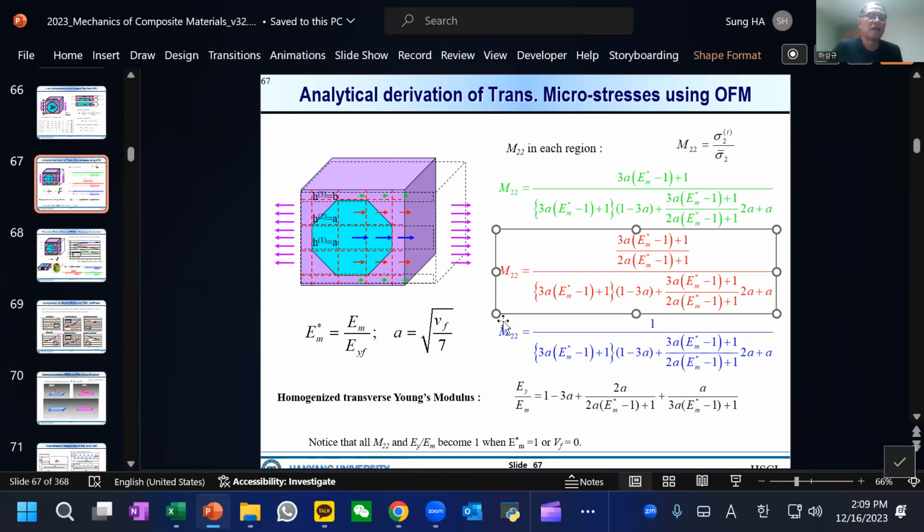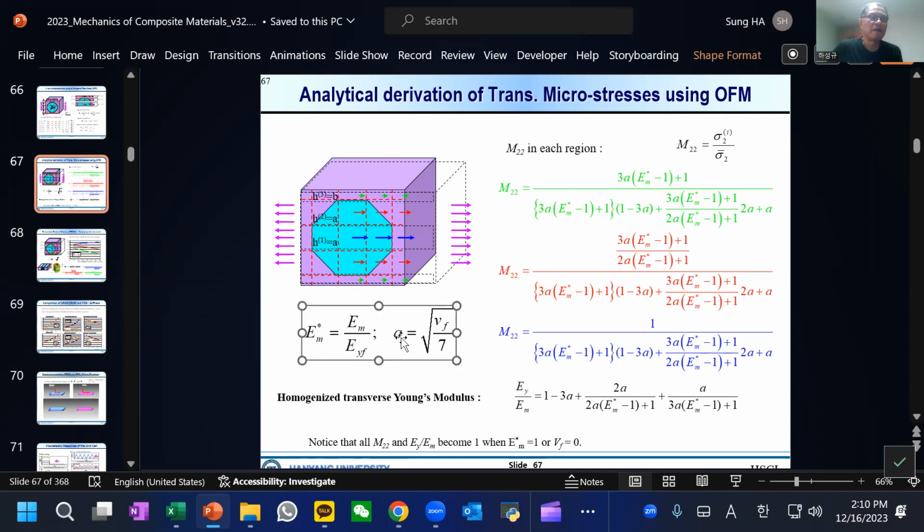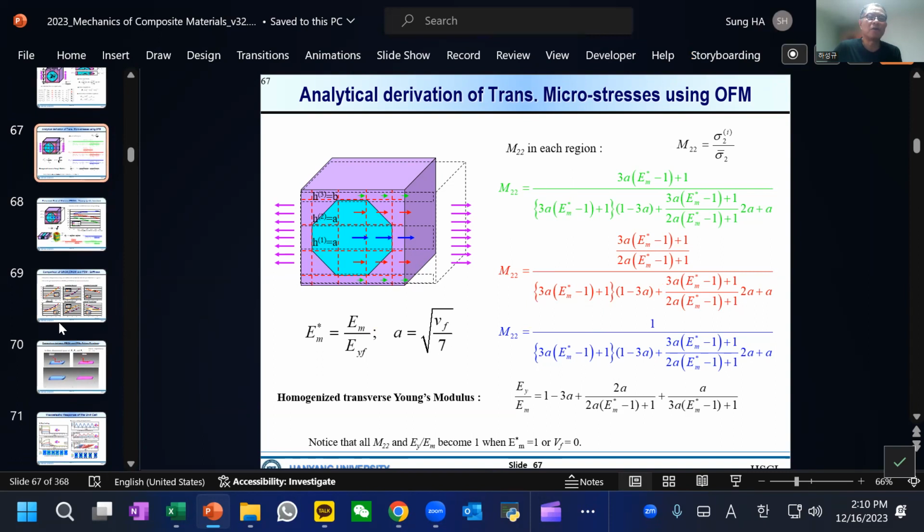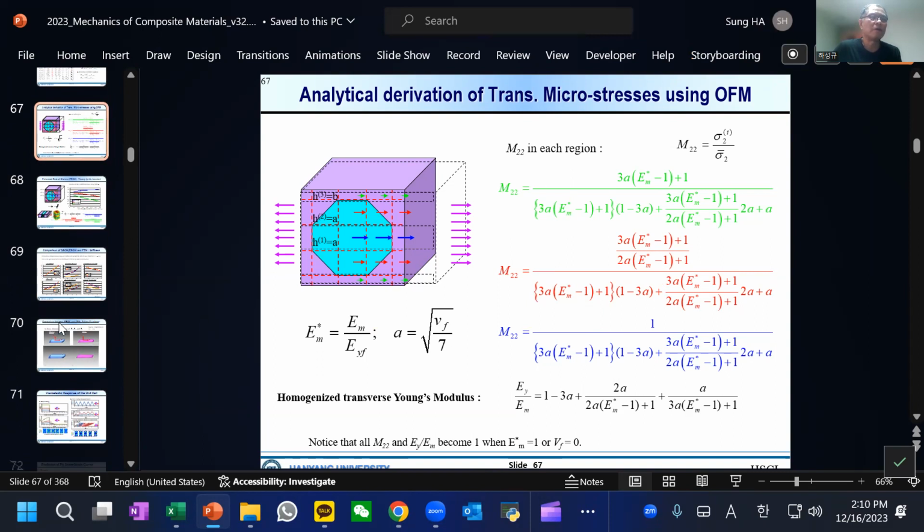E_m star is the ratio between the Young's modulus of the resin and the fiber stiffness, and A is given in terms of the fiber volume fraction. So again, this M is nothing but the stress concentration, how much stress is concentrated. And imagine this can be obtained analytically. It can be so powerful.